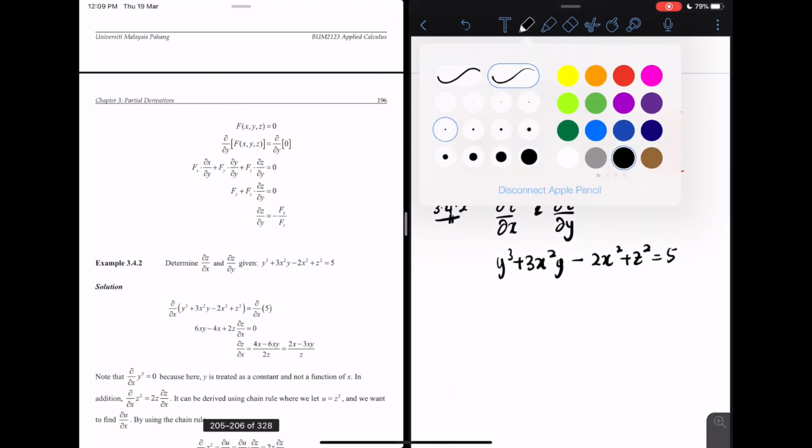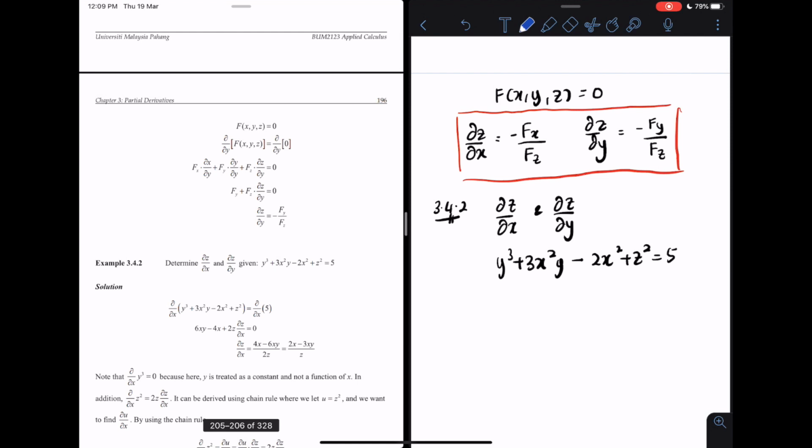So let's try to answer this question by using the implicit method, followed by the partial derivative approach, which is by using the formula.